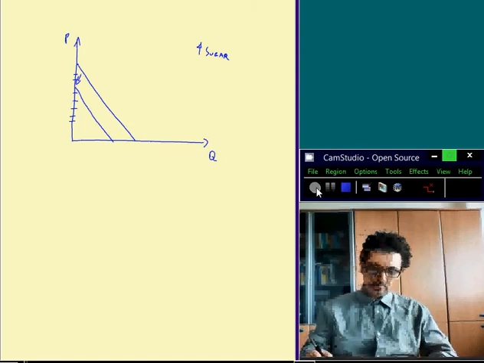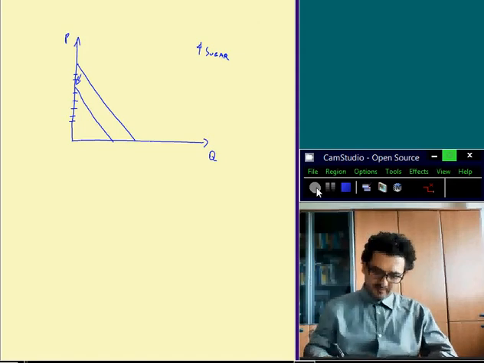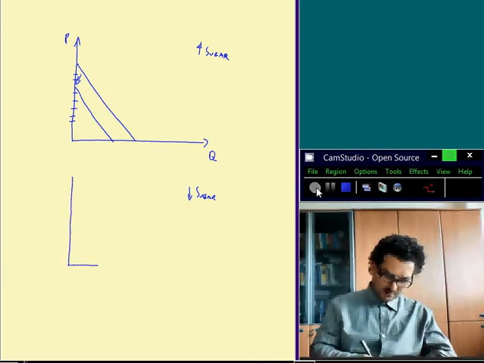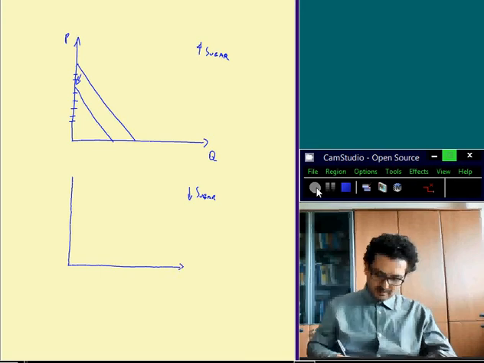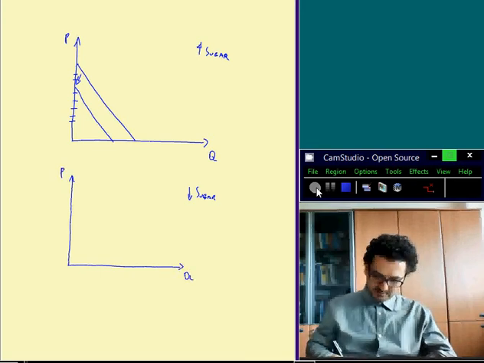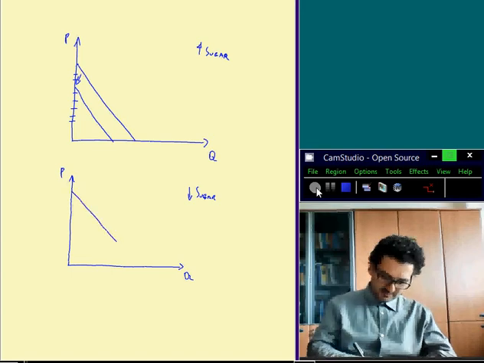But if we have, instead, a decrease in the price of sugar, in this case what we can observe in the coffee demand, where we have price and quantity, this is an inverse relation.